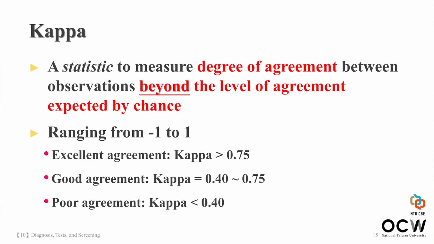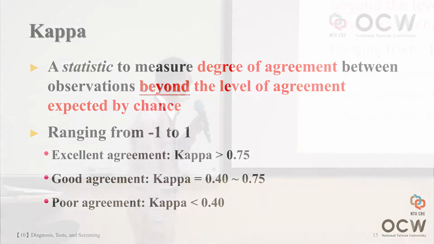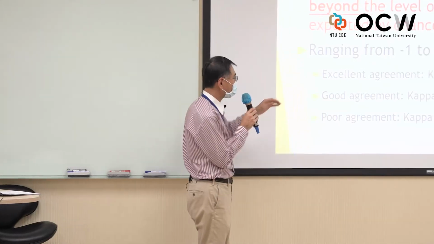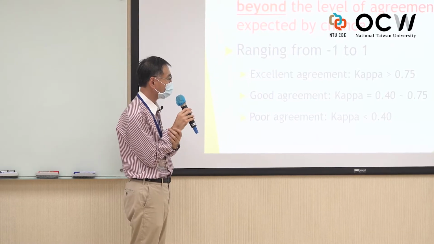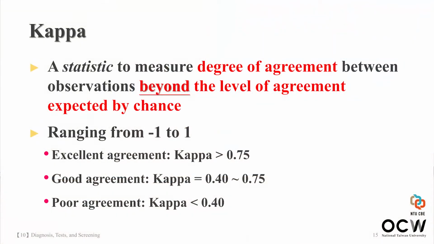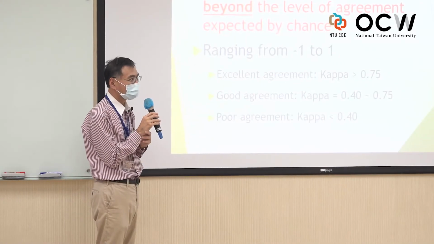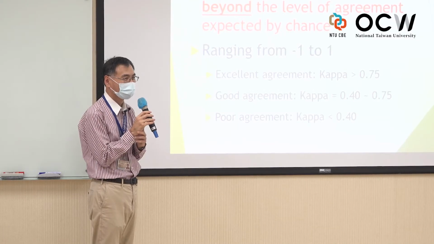And the best thing is that it's pretty straightforward. It's a number ranging from -1 to 1. If it's excellent agreement, then the Kappa should be higher than 0.75. Good agreement, 0.4 to 0.75. If less than 0.4, then we call it poor agreement. What about 0 or minus? Then I don't know.